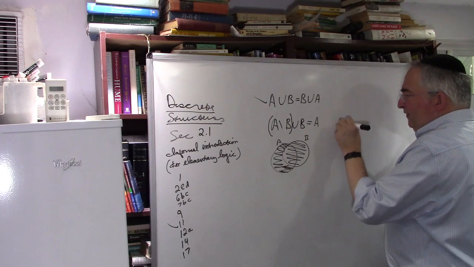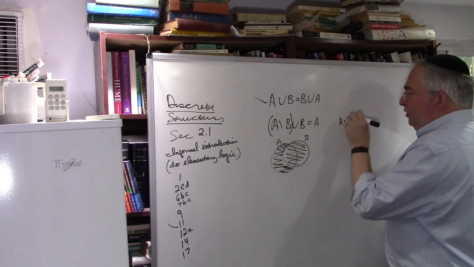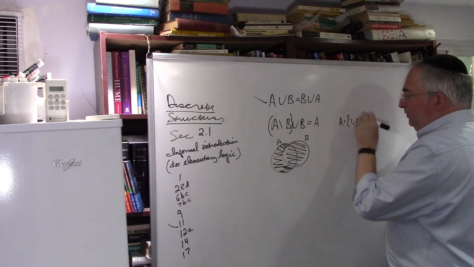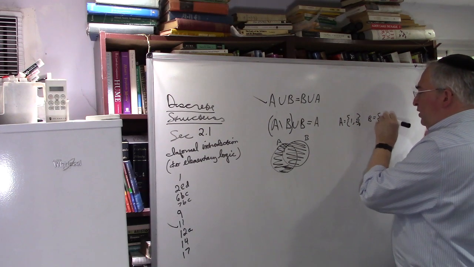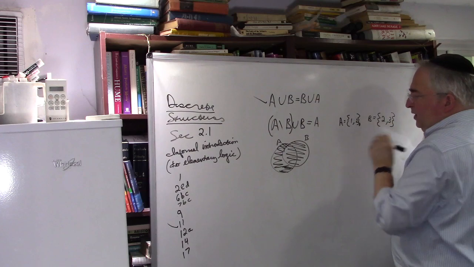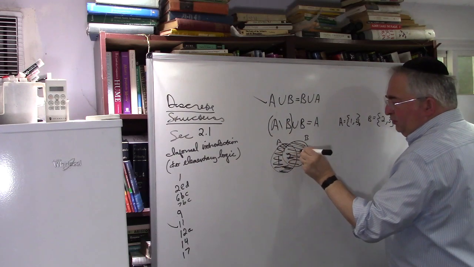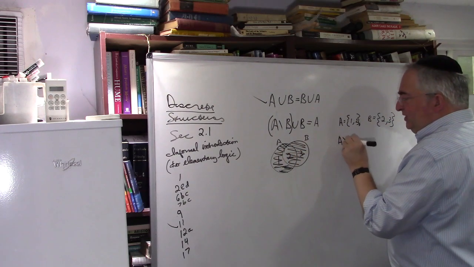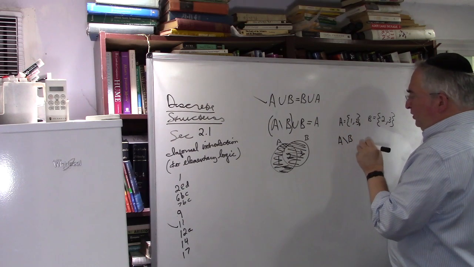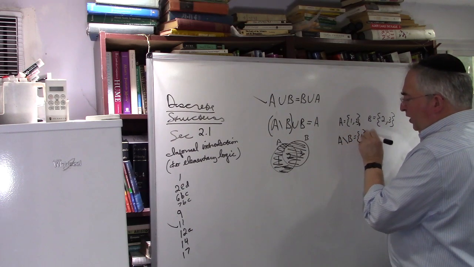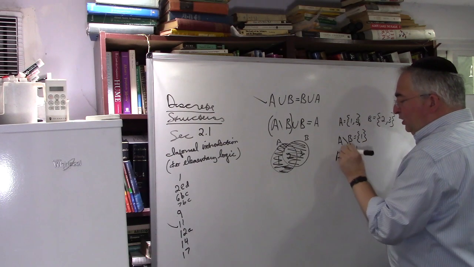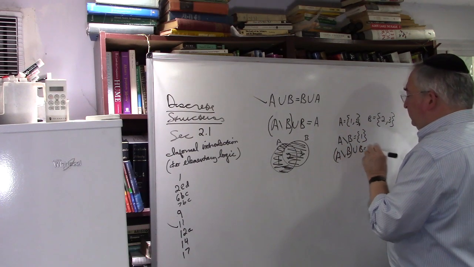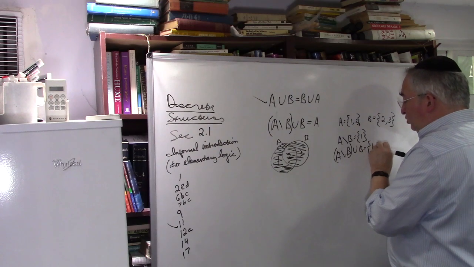If A equals 1 and 2, and B equals 2 and 3, let's go through it. Here's 1, here's 2, here's 3. A slash B is equal to just the set 1. And A slash B union B is equal to 1, 2, 3.